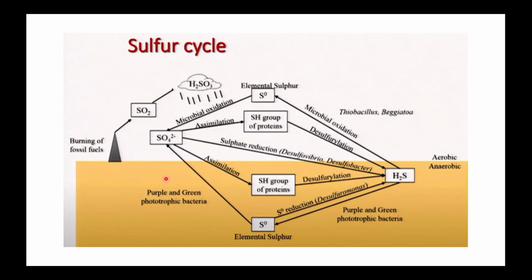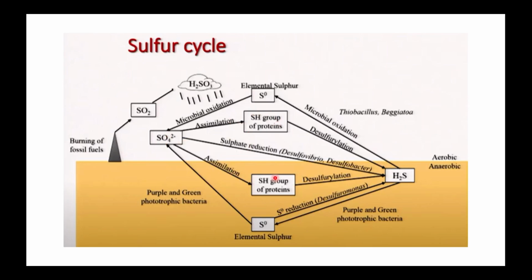So this is a two-step oxidation. If you see here, from H2S, the sulfur is oxidized into elemental sulfur, and then it is oxidized into sulfates. Why is everything ultimately coming to the most oxidized form of sulfur, that is sulfate? Because that can be used for the assimilation of sulfur into the proteins.